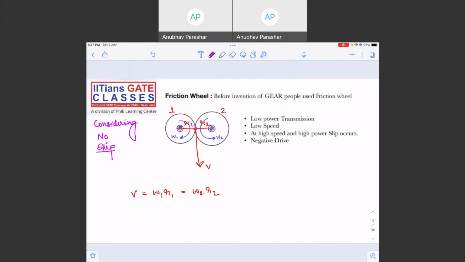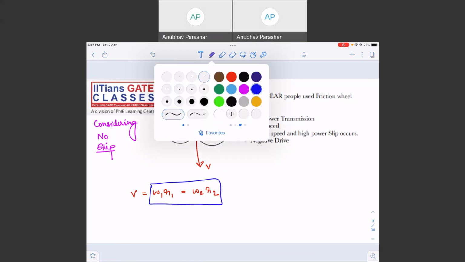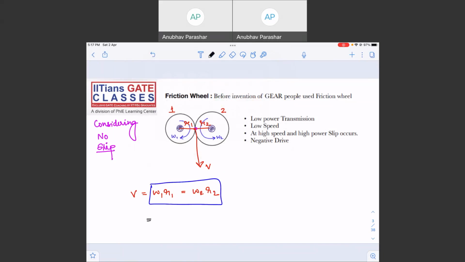From this relationship, this implies omega 1 by omega 2 is equal to R2 by R1, and since the radii are fixed, we can say it is constant.